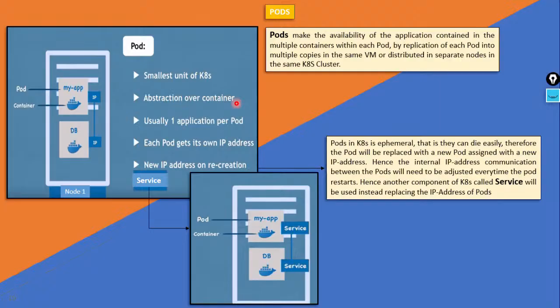Each pod, whenever you create a pod, will get its own unique IP address because you have to communicate between the pods. So these are the 2 pods: pod number 1, the application, and pod number 2, the database. Let's say this is a Java application and this is a MySQL database server. They will communicate.